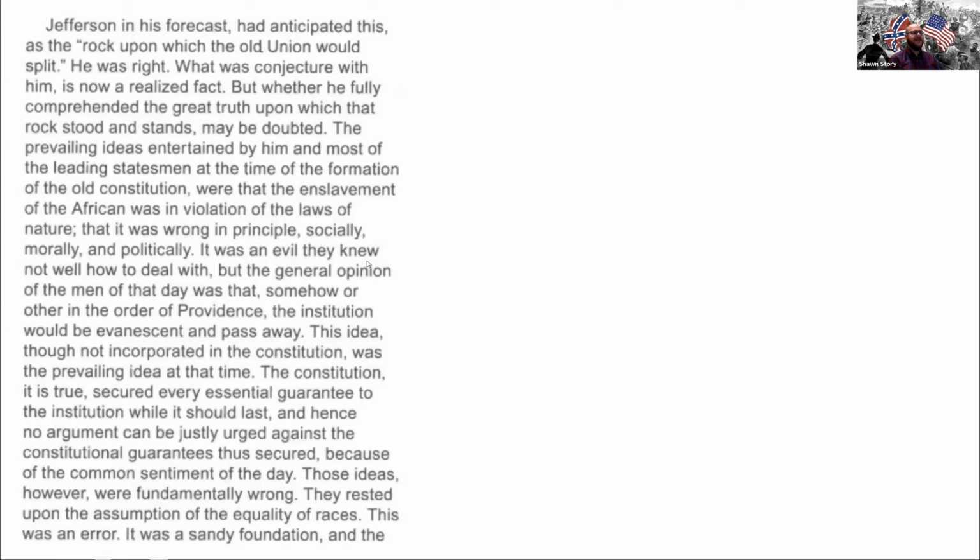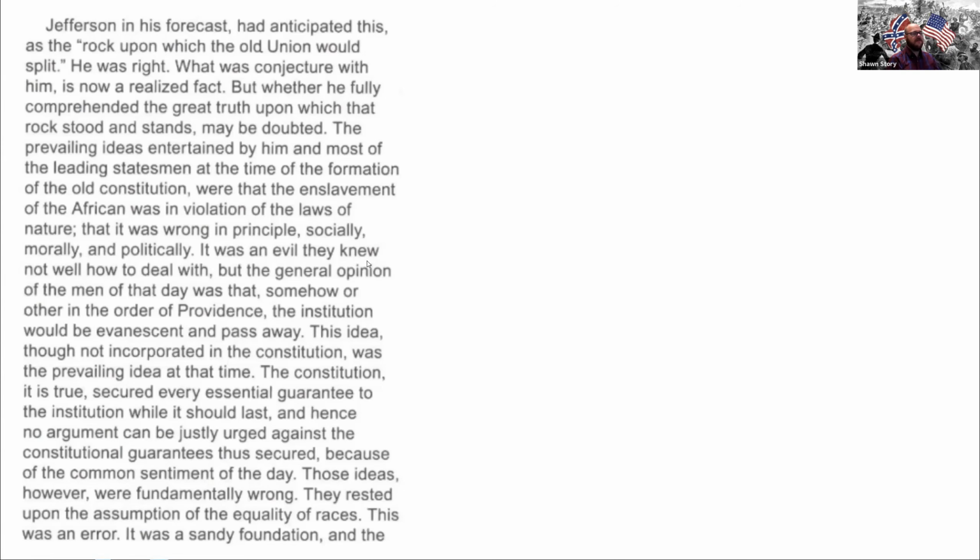The prevailing ideas entertained by him and most of the leading statesmen at the time of the formation of the old Constitution were that the enslavement of the African was in violation of the laws of nature, that it was wrong in principle, socially, morally, and politically. It was an evil they knew not well how to deal with.